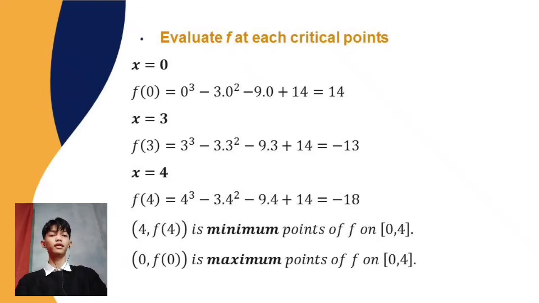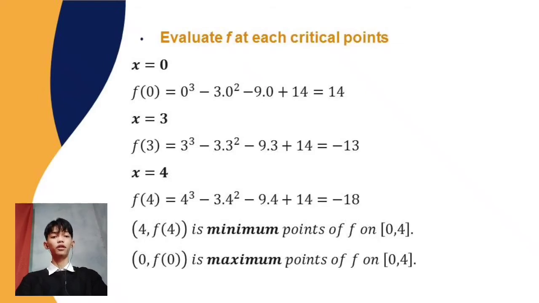And then the second point is x equals 3. We substitute that value of x into the function, and we get f of 3 equals 3 cubed minus 3 times 3 squared minus 9 times 3 plus 14. That is going to be minus 13.